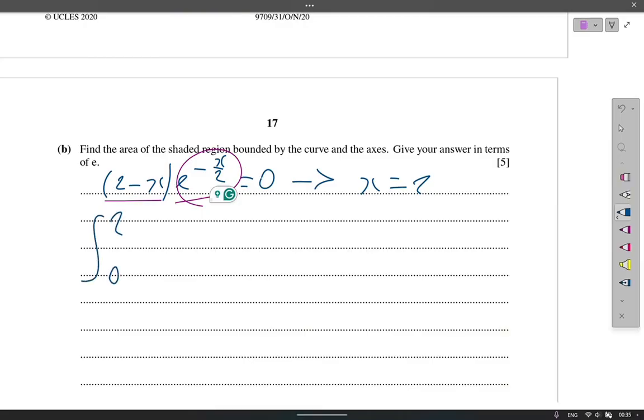And now I can just integrate the function to get our answer. So to integrate this function, we have to do integration by parts.